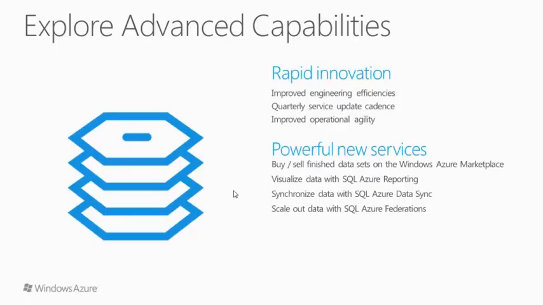SQL Azure Data Sync and SQL Azure Reporting were recently released from CTP and are now in production. This is awesome because now it's right there in the management portal. We'll see that in a little bit. SQL Azure Federations is finally out. Thank goodness, because it's a great way from a scalability standpoint to improve your SQL Azure performance in the cloud.